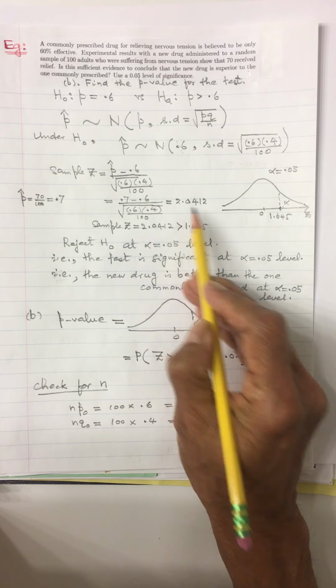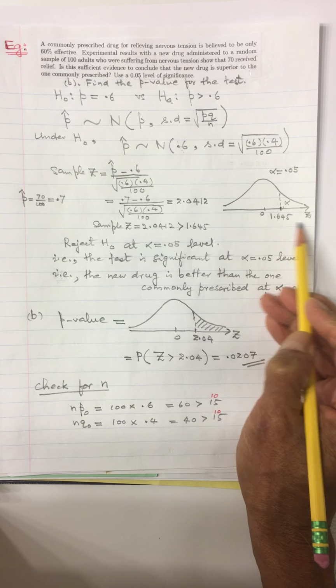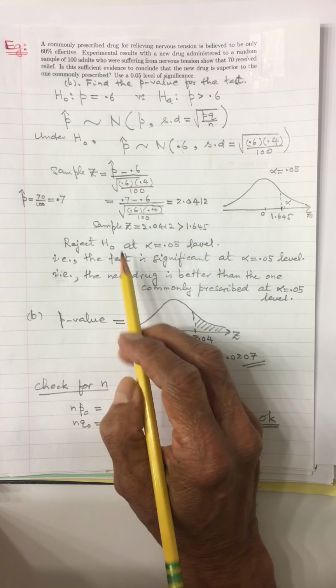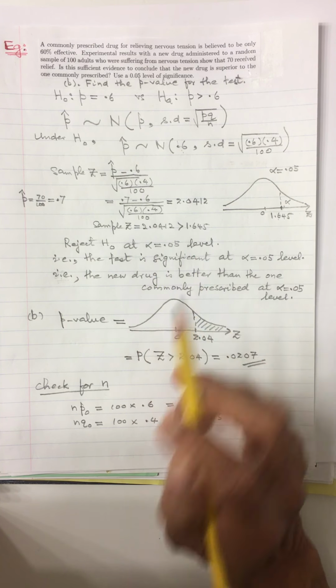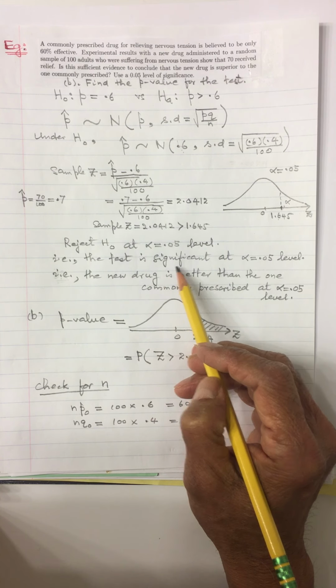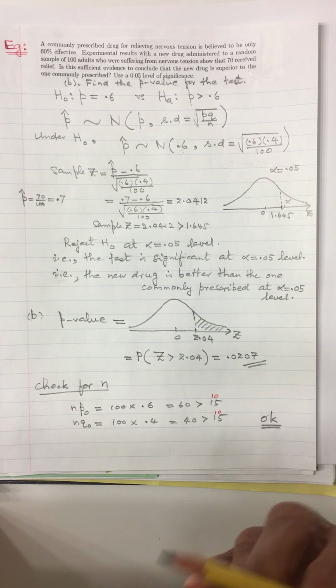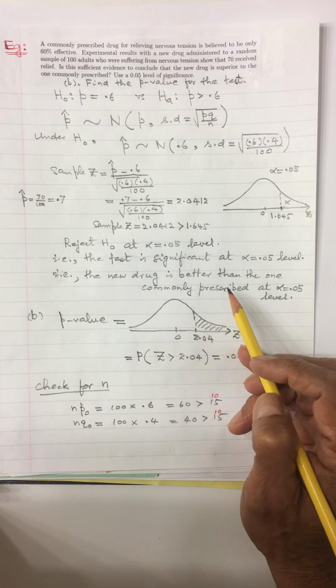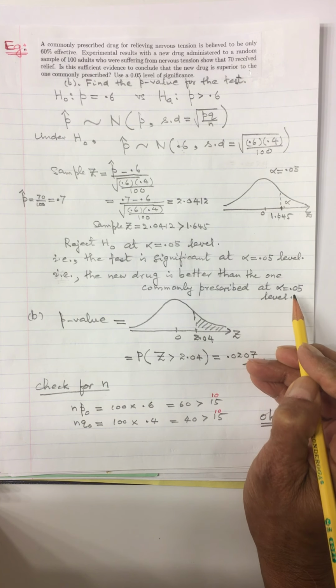So this value is bigger than that, so it is inside the critical region, the rejection region. So your conclusion is to reject H naught at the 0.05 level. In other words, the test is significant at the 0.05 level. In different words, the new drug is better than the old drug at the 0.05 level.